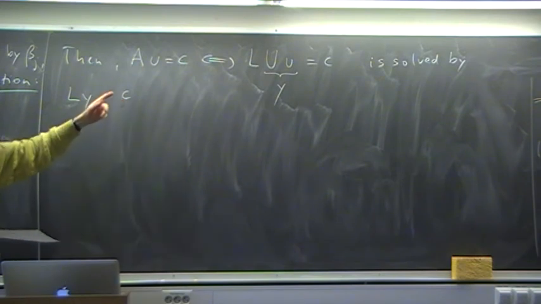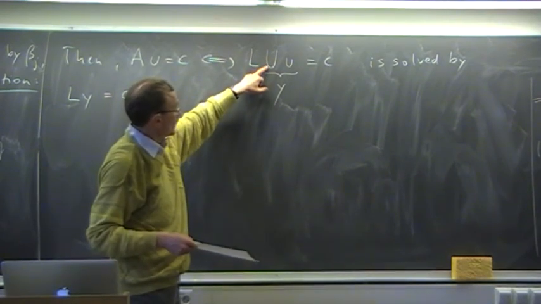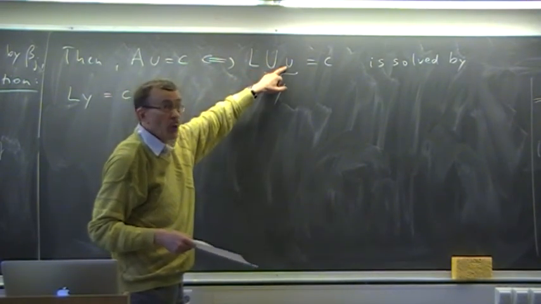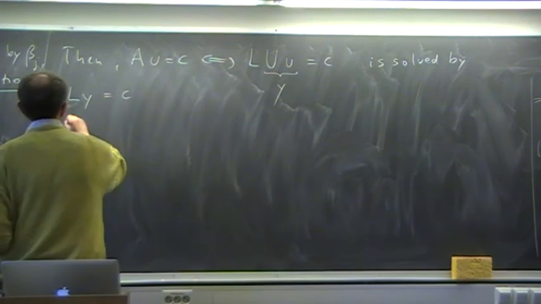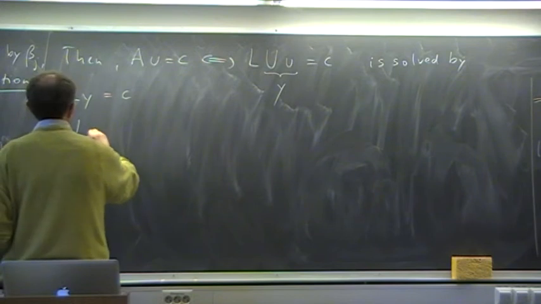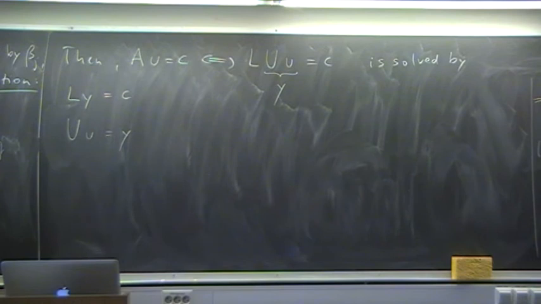When we have determined the y, we solve the next problem: the upper triangular matrix U times our unknown that we are really interested in, equal to the right hand side. So that will be U times little u is equal to y. So that is the 2 steps.